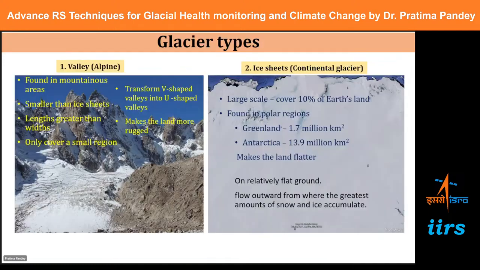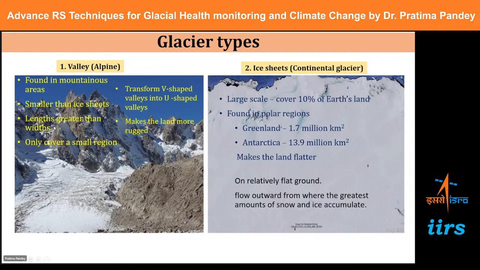As they form in the polar regions or in the mountains, they are of two types: valley type or alpine or mountain glacier, and the other type is the continental glacier, also known as the ice sheet. The alpine or mountain glaciers are found in mountain areas, and they are comparatively smaller than the ice sheets.